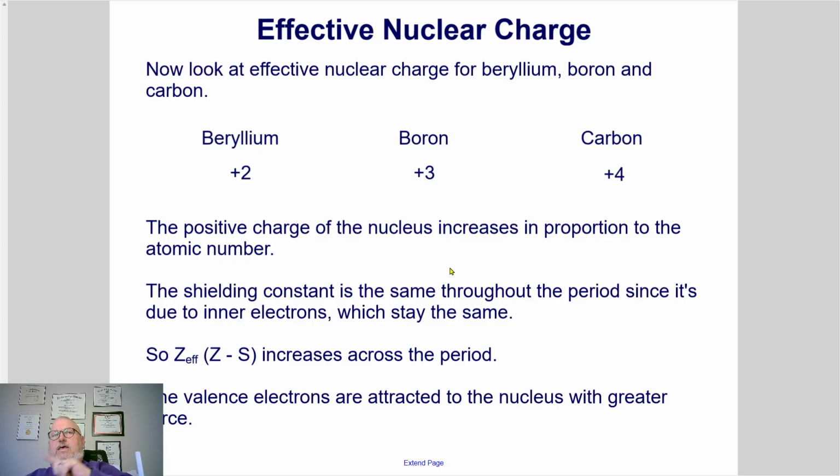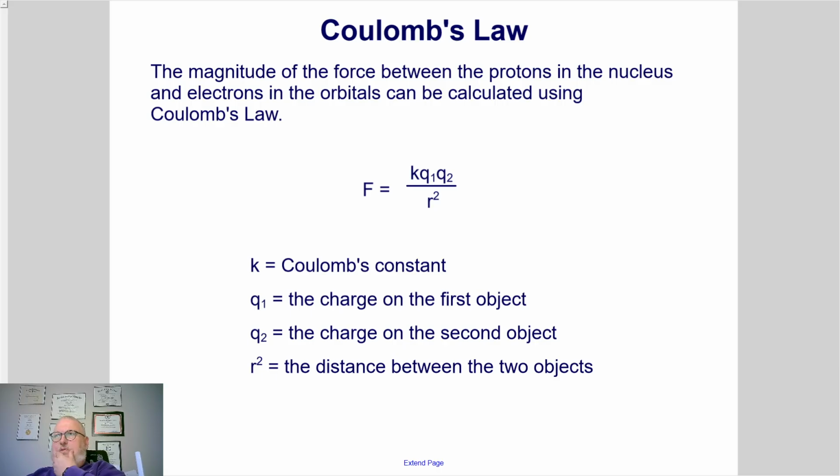The shielding constant is the same, since they all have the same inner electrons. So the valence electrons get attracted to the nucleus with a greater force, and that would be carbon in this instance.